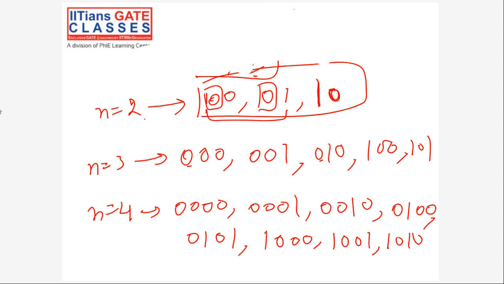Now here, an is dependent on an minus 1, let's say an dash. The reason I'm writing dash is because I'm writing this for when your string does not contain 1 1. That's why I'm writing an complement.